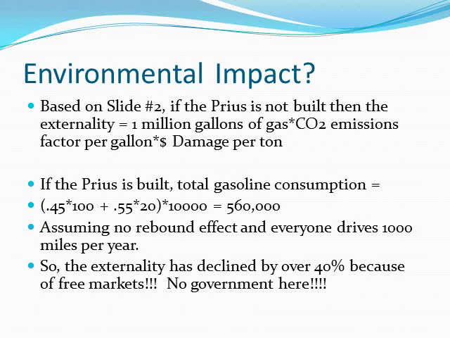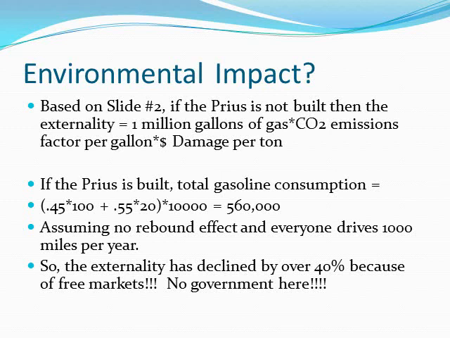And so for every 10,000 people, you multiply that by that thing in brackets, which adds up to 56, and you come away that total gasoline consumption would fall by 440,000 gallons a year, assuming no rebound effect for the Prius buyers.